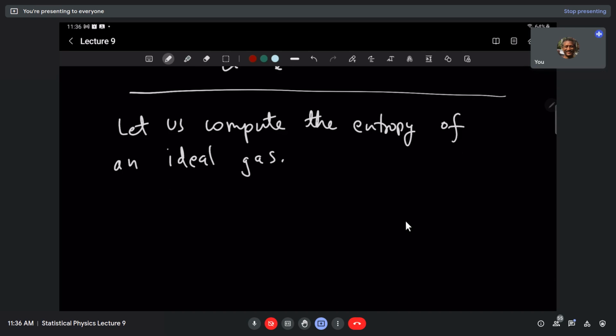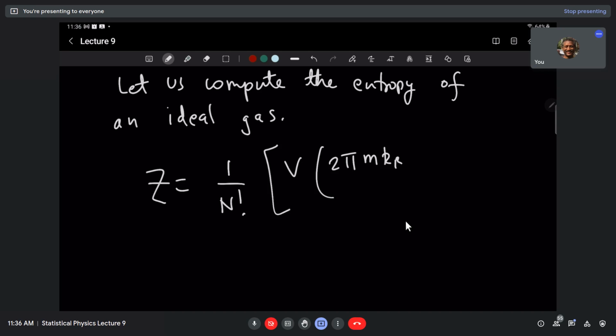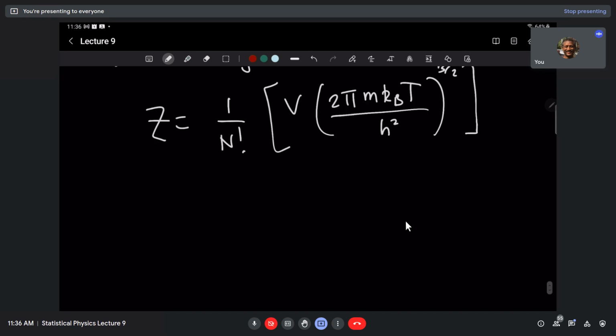Okay. So recall, I'm just writing the formula. Capital Z was 1 by n factorial, square bracket is little z power n, and there's an n factorial. And so you work out what log z is.